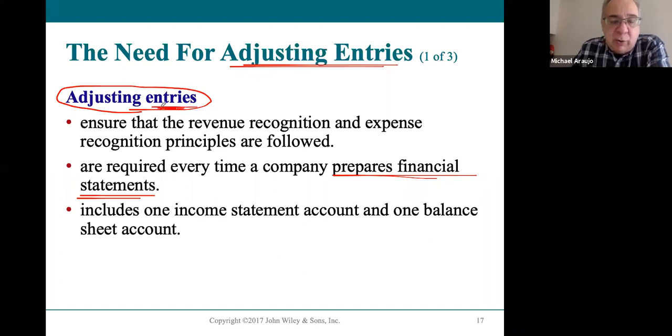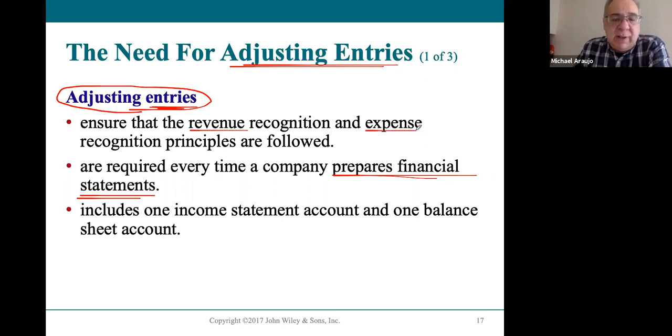Again, an entry only happens in the journal, and of course it travels from there, as you know. So it's very important to see this as a big picture, one step at a time. Once we do the adjusting entries, the purpose of it is to make sure all the revenue is recognized and all the expenses are recognized.